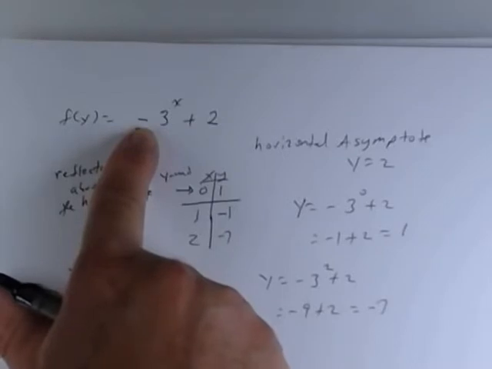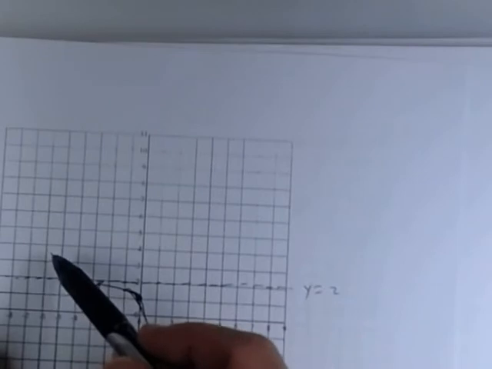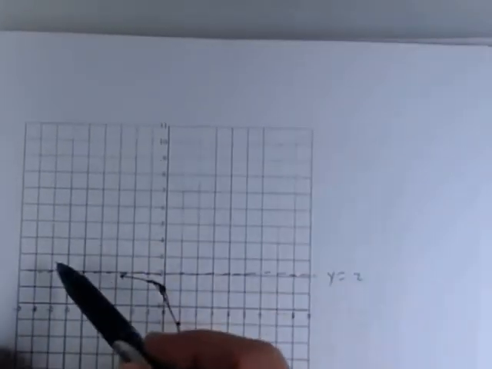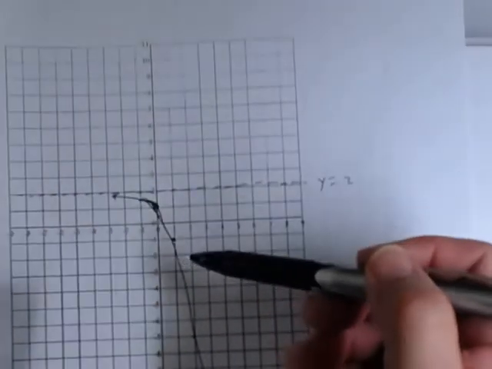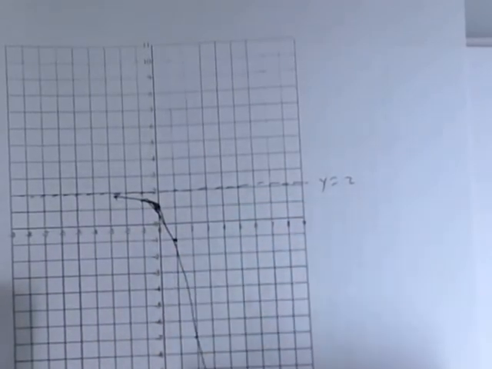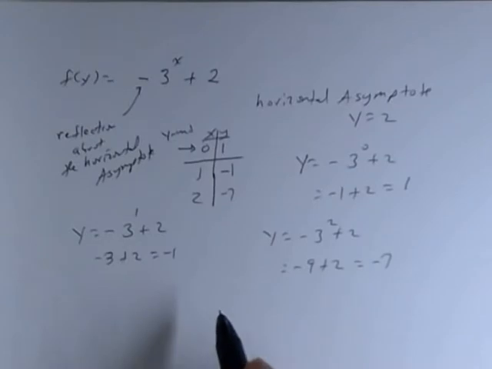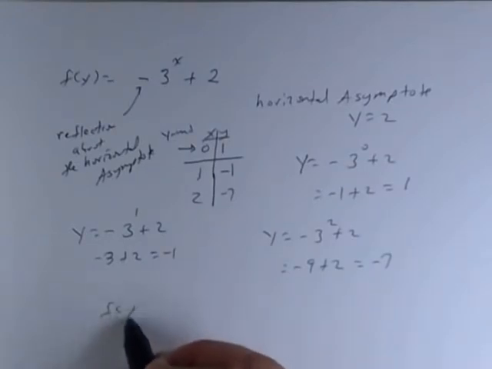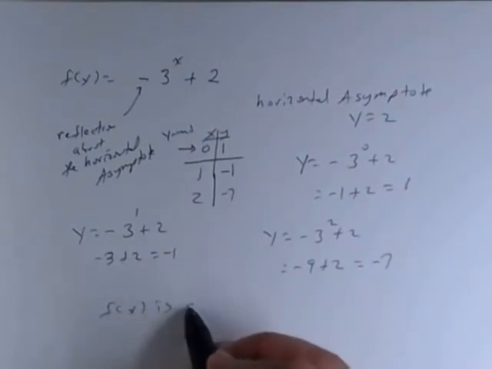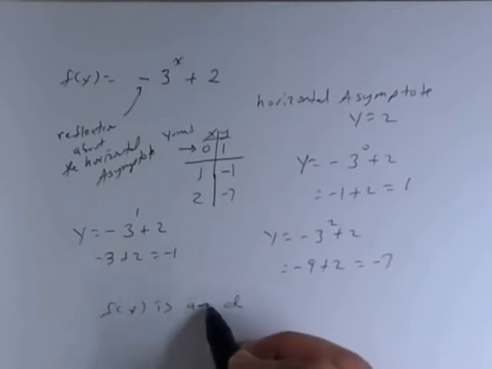Instead of being above the horizontal asymptote, increasing, it's being reflected below the horizontal asymptote, decreasing. Okay. All right. So f of x is a decreasing function.